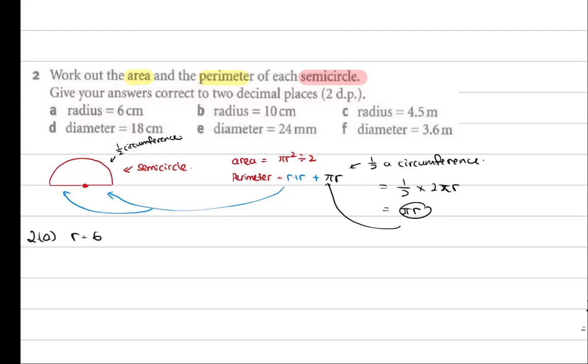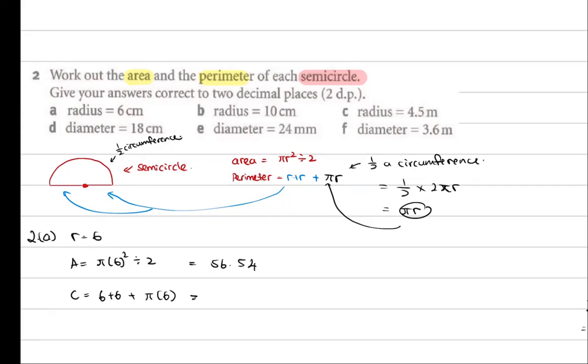Radius is equal to 6. So I can just put in everything like what I said just now. Area is just pi r squared divided by 2. And then circumference is radius plus pi times r. Two decimal places. Oh, sorry. 2 decimal places.